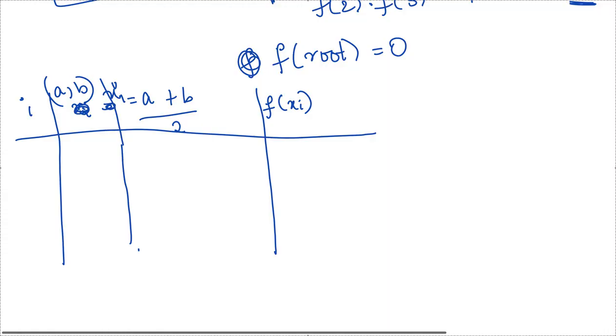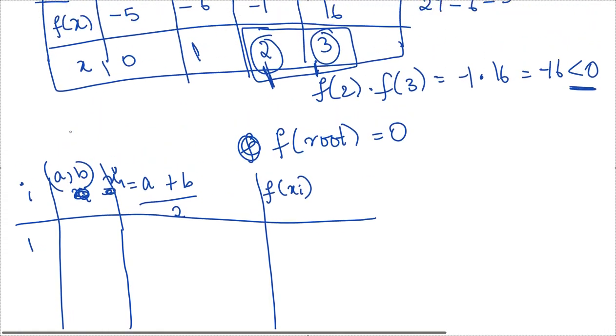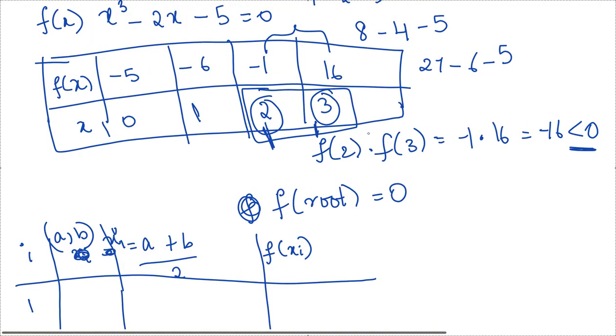Okay. Now initially, in the first step, what is the interval we have got? 2 and 3. If you notice here, f of 1 into f of 3 is also less than 0. You can consider this as an interval also. But when we keep shrinking, we again end up getting a value between these two. So if you find any two values, it is good to take.